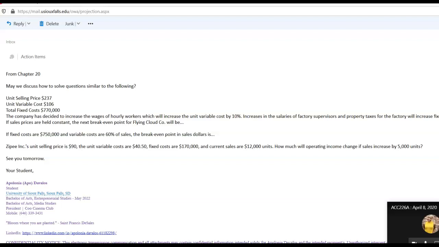So take 60% of 237 and you get 142.20. So now what's our contribution margin? Well, it's 237 less the 142.20 equals a contribution margin of 94.80.